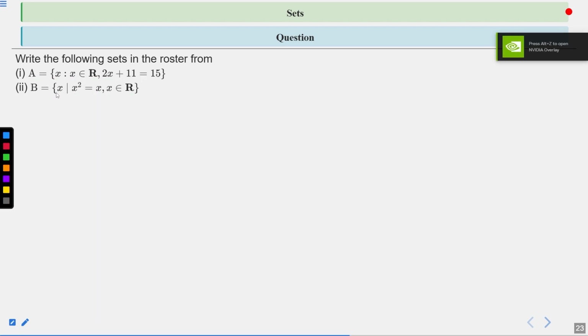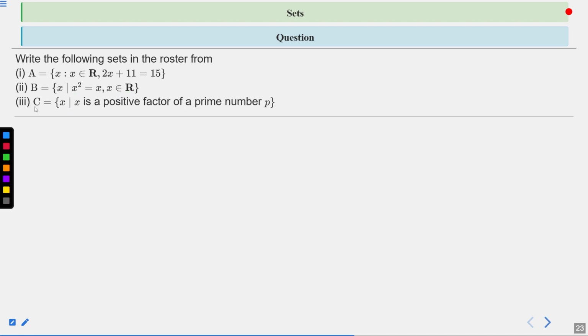Second, B, collection of all x, such that, this is also another notation for such that, x satisfying the property x square is equal to x and x belongs to real numbers. And third, C is your set, collection of all x such that x is a positive factor of a prime number p. I hope these set builder forms are clear to you.